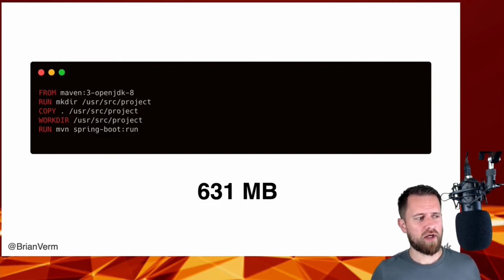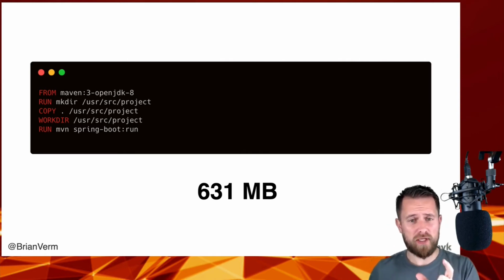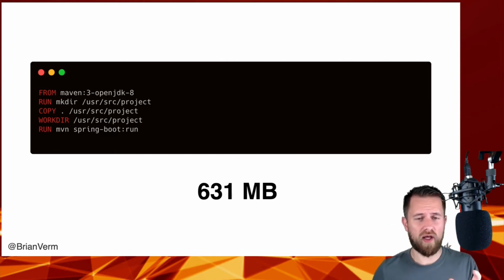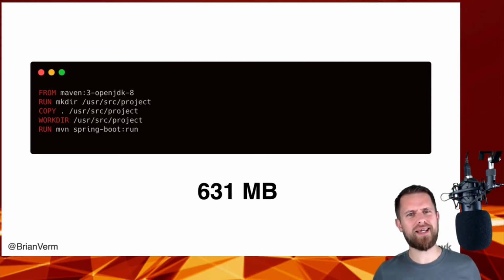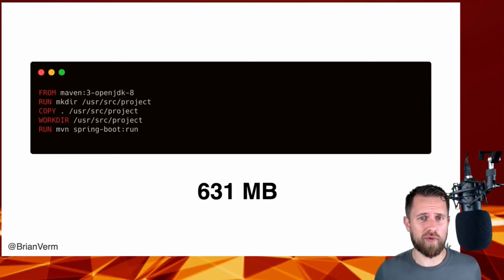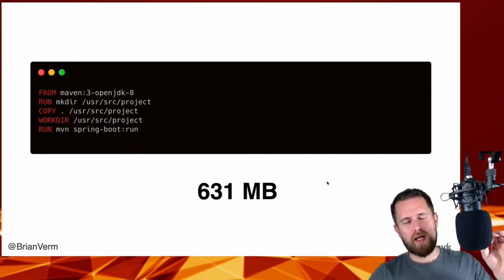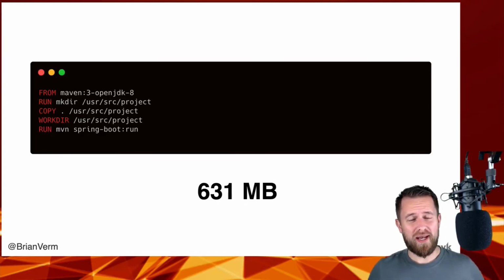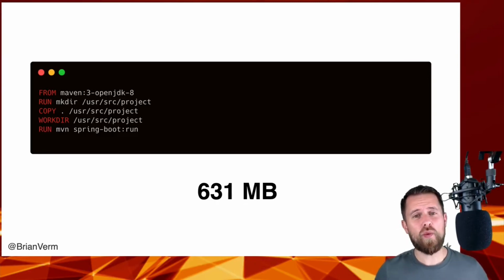On top of that, do I need that full-blown base image including Maven? Do I need Maven at all? Or do I just need Java? Do I actually need a JDK? If we have a jar that is runnable, I can simply use a Java runtime environment. So this image gives you an image that is 631 megabytes big. Of course, it's a Spring Boot image, it's already quite big, but because of the container.